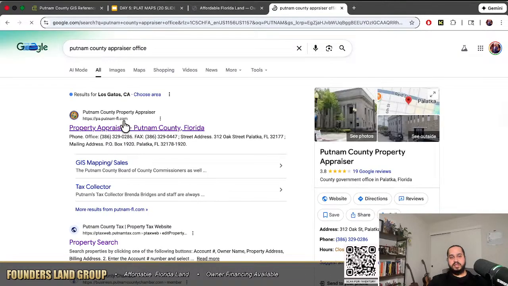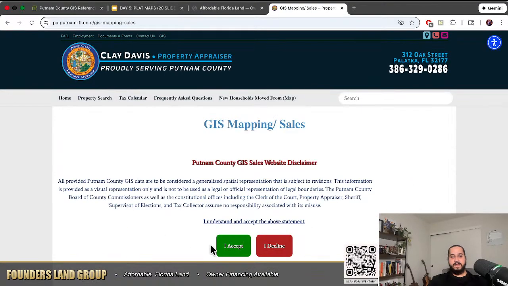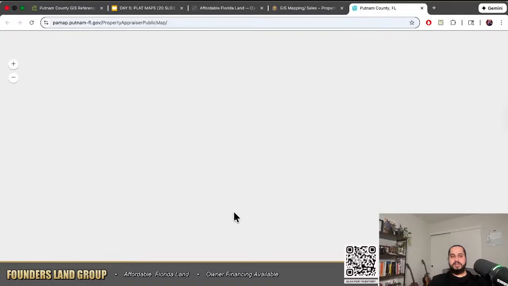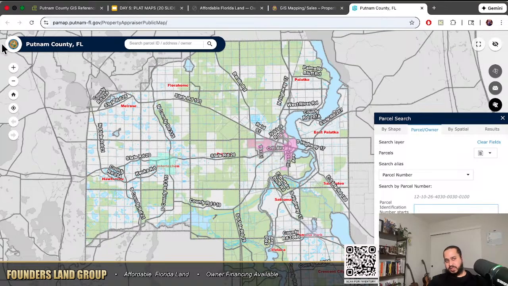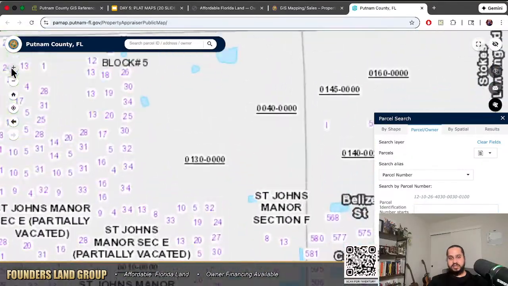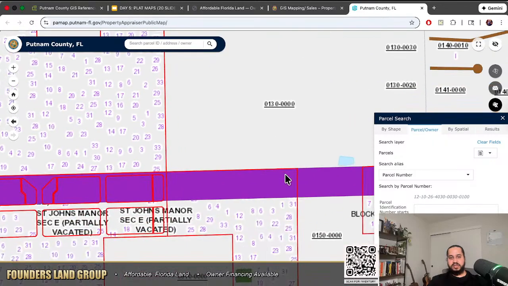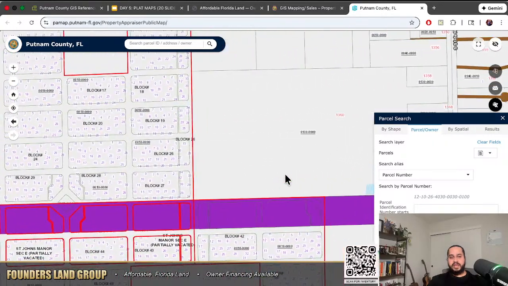Let's see. So yeah, this is the one as well. I'll also put in this specific link for you guys. This is another free tool which you can see and use, and it will give you at least an idea of how the platting works.